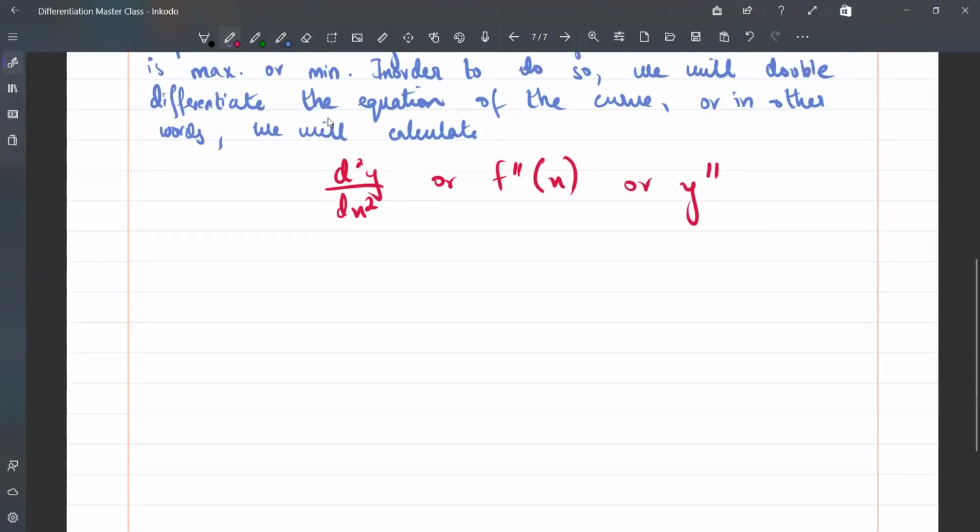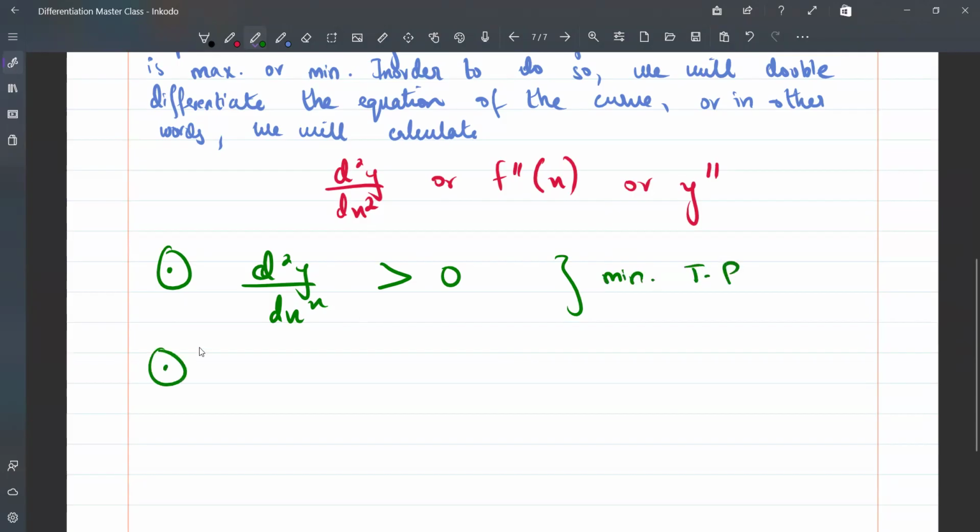And if d square y upon dx square is greater than 0, then this is a minimum turning point. If d square y upon dx square is less than 0, then this is a maximum turning point.